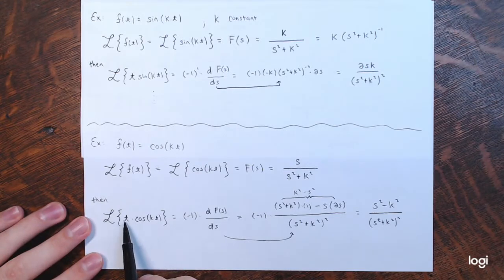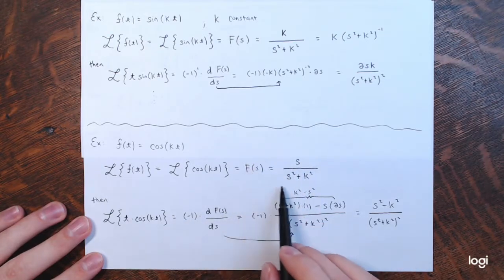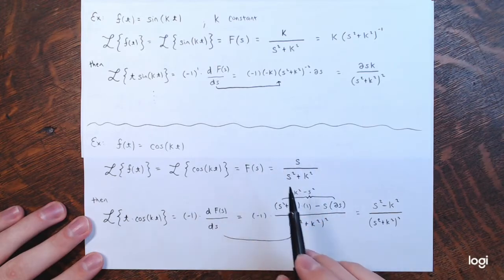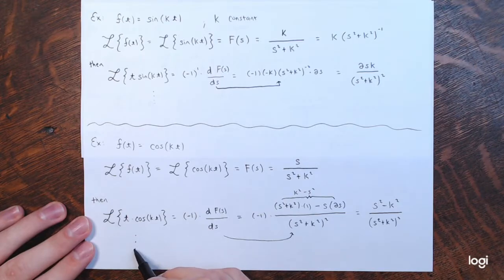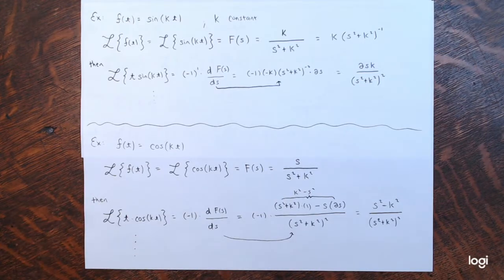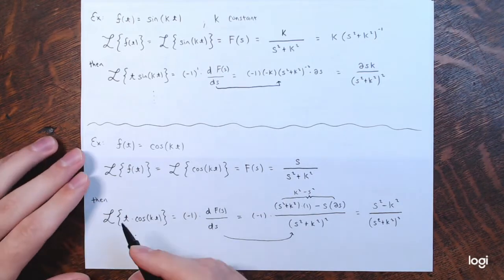All right, and then if I had t squared, it'd be negative 1 squared times the second derivative of this F of s with respect to s. So I would basically take this here, this k squared minus s squared over the quantity s squared plus k squared, squared, and take the derivative of that again. So a little more involved, a lot more s terms involved with the cosines.